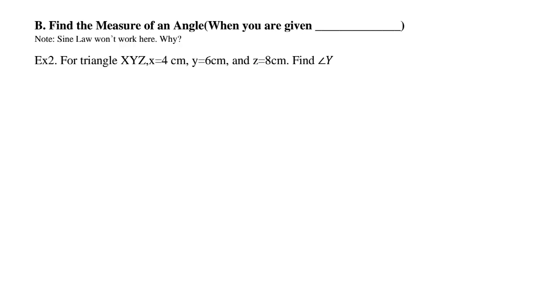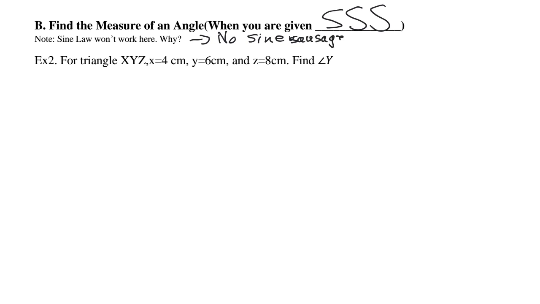All right, for finding the measure of an angle, you're given all three sides: S, S, and S. You're given all three sides of your triangle, and then you are looking for an angle. Now, the reason why sine law won't work is because, remember, there's no sine sausage.